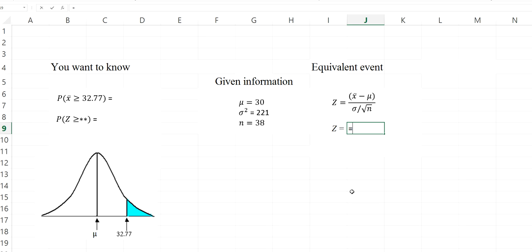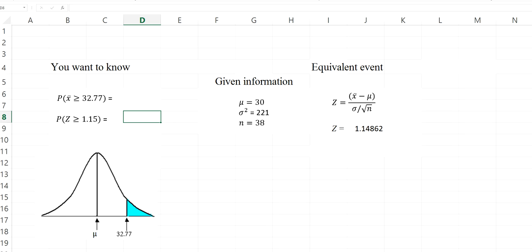First we convert to Z equal to 32.77 minus 30 divided by SQRT of 221 divided by 38. Right? The conversion is done. It's right here. So it is 1.15. So these two are equivalent probabilities.